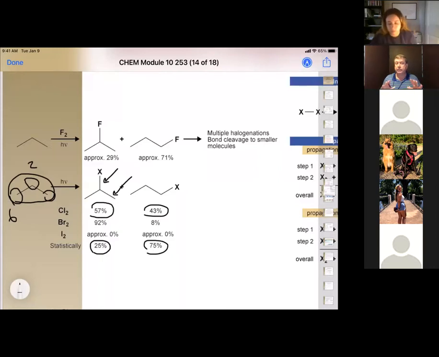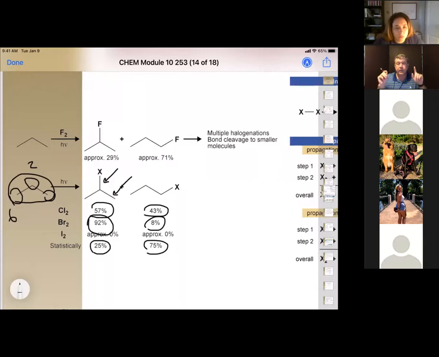So it has a little bit of selectivity; it wants to form that bond on that secondary site. Let's look at bromine, 92%, 8%. Bromine is even slower in that it's going to wait for that secondary radical to form before it reacts. It's going to be more selective. And iodine actually doesn't do this. It's not reactive enough.